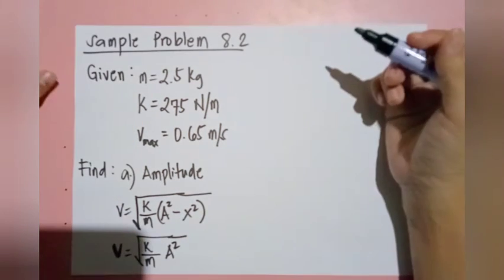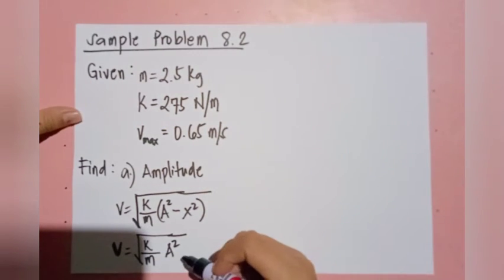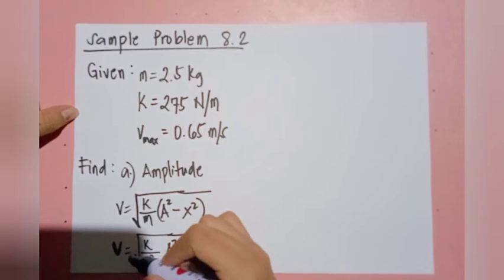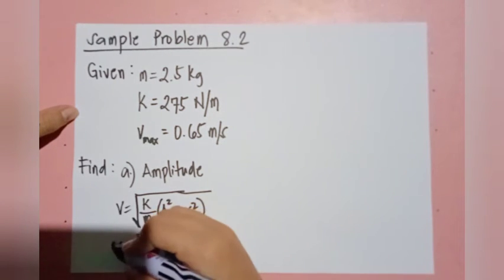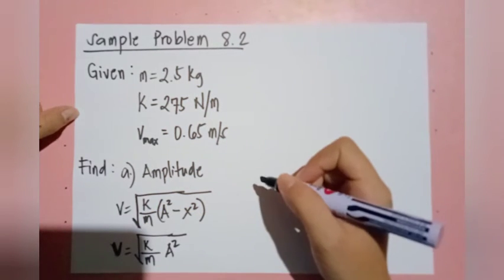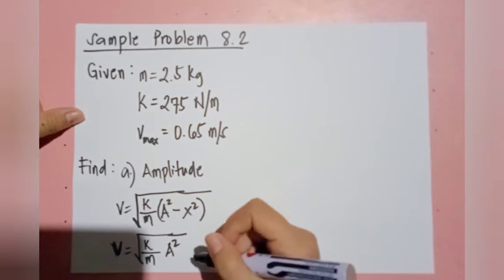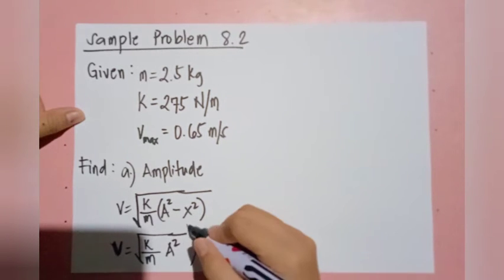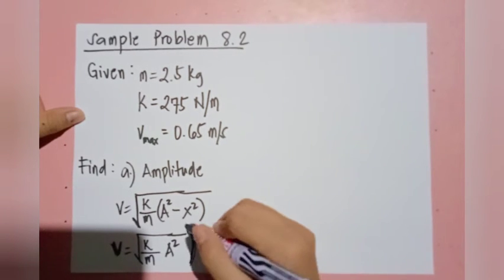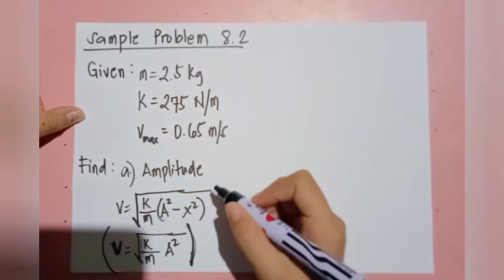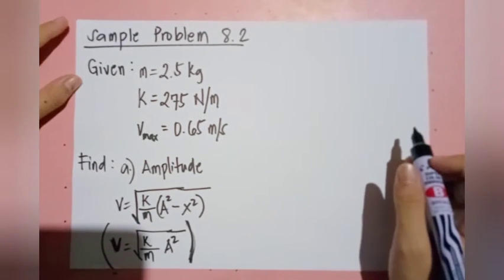Alright, so from here, since we are looking for the amplitude, we need to manipulate this equation. So what are we going to do here, since there is a radical sign? Of course, to break this down, we have to square both sides.